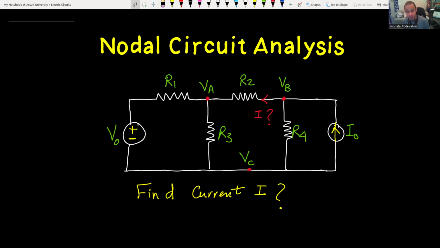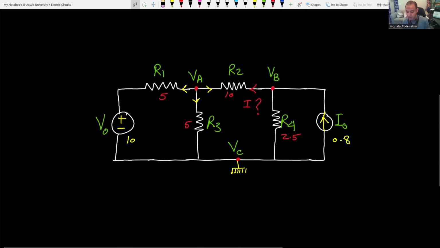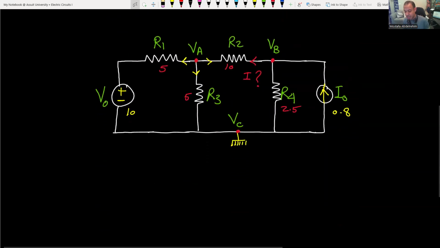In the circuit here, we have a current source I naught, a voltage source V naught, and some resistances. We need to know the current I flowing through the resistance R2. If you go down a little bit, here is the circuit with all the values: R1 is 5 ohms, R2 10 ohms, R3 5 ohms, R4 2.5 ohms, I naught 0.8 amperes, V naught is 10 volts.